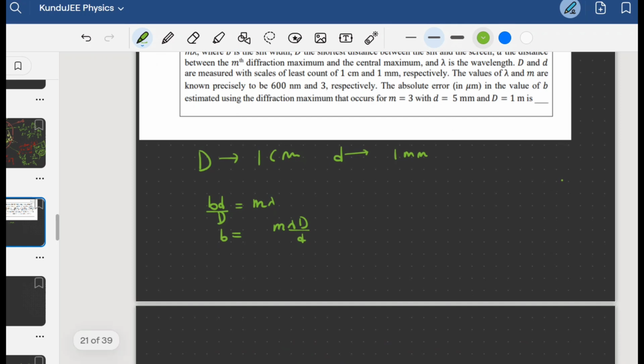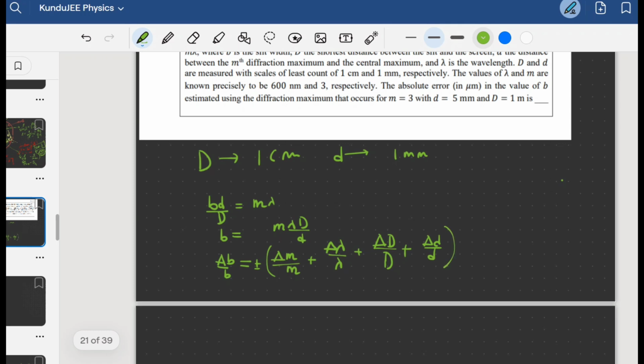That is, delta b by b will be delta m by m, of course plus, plus delta lambda by lambda plus delta D by D plus delta small d by d.